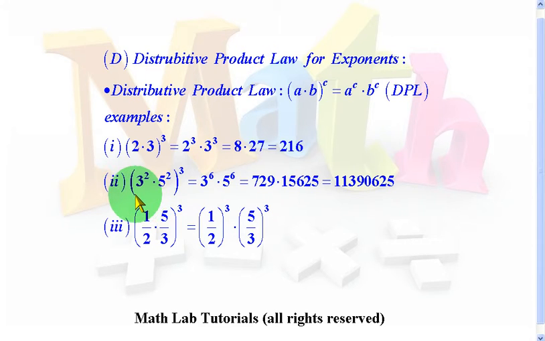Example 2, we have bracket 3 to the power 2 dot 5 to the power 2 all to the power 3. Now we're going to be using not only the distributive product law, but we're going to be using the power of a power law simultaneously. So the 3 distributes to 3 squared and it distributes to 5 squared. Doing it simultaneously, we get 3 to the power 2 dot 3, which is 6.